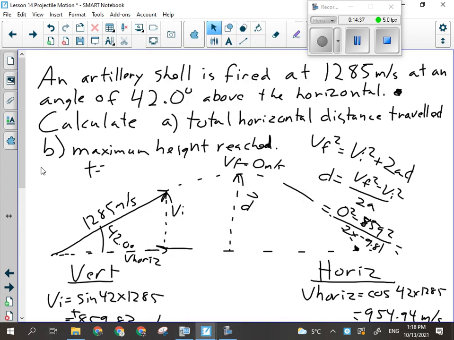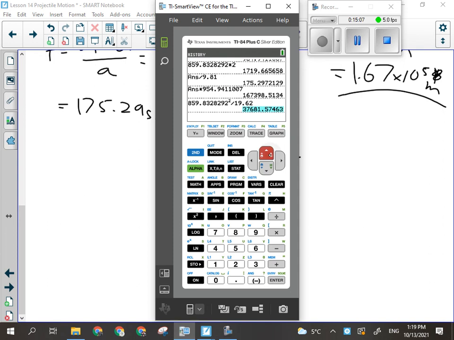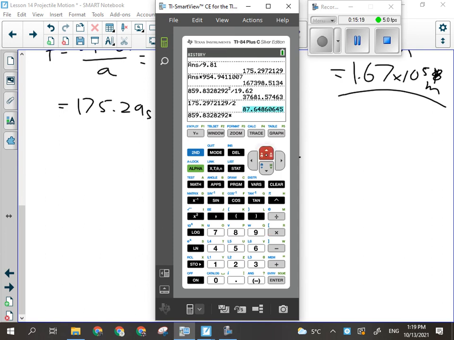The other way to do it is to use this formula here. D equals VI times T plus 1/2 AT squared, but what do I have to remember about T? It's half, right? Okay, so I'd be putting in here my 859 times half of 175, so what's that, 87.5 or something like that. Okay, if I punch that all in, so I'm going to take my VI, which was this number, and multiply it by that number.